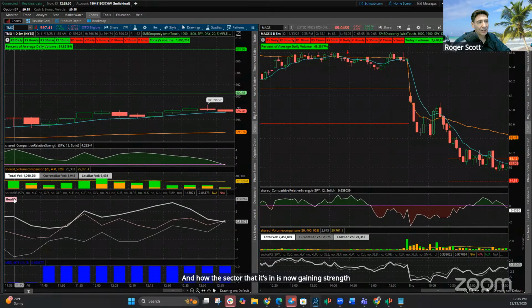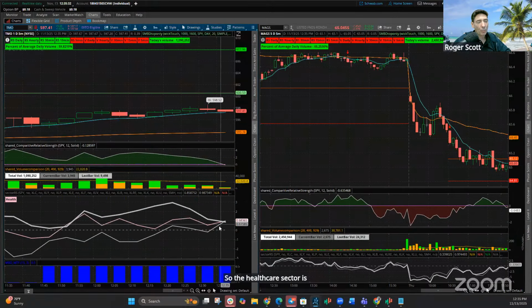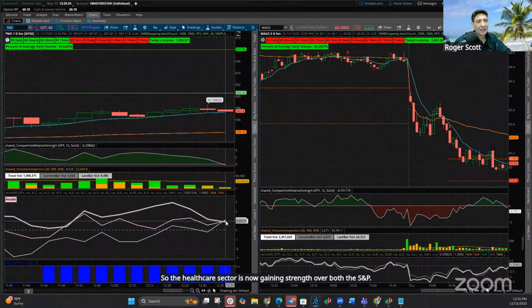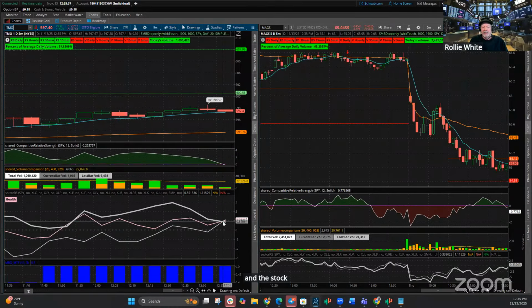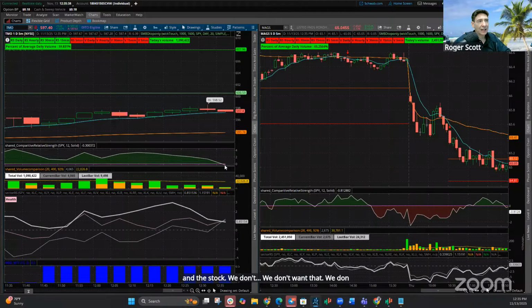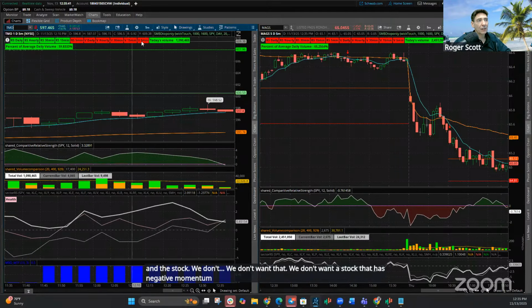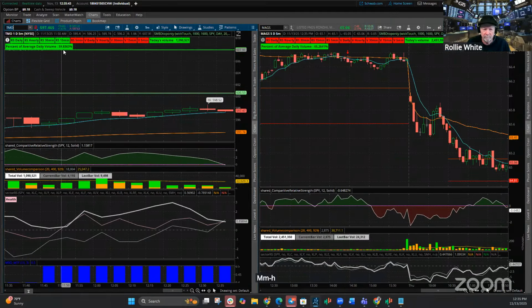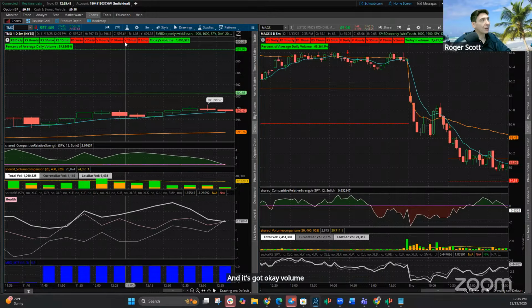So the healthcare sector is now gaining strength over both the S&P and the stock itself. We don't want a stock that has negative momentum, and volume is very, very low. It's got okay volume, but volume right now is very low. So this will tell you all that immediately.